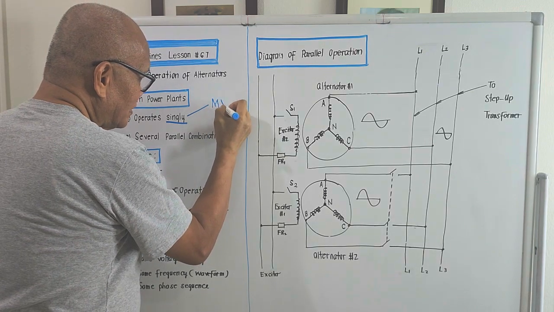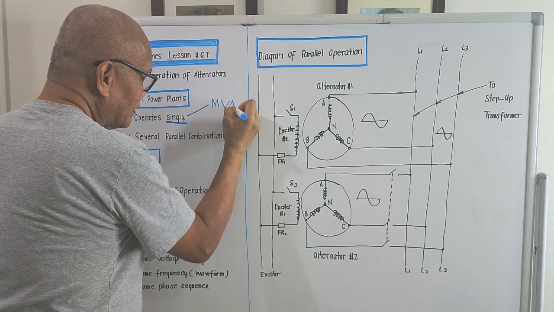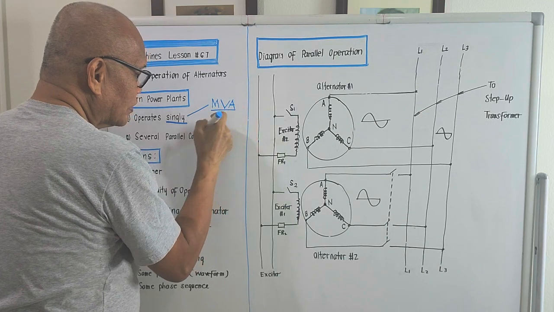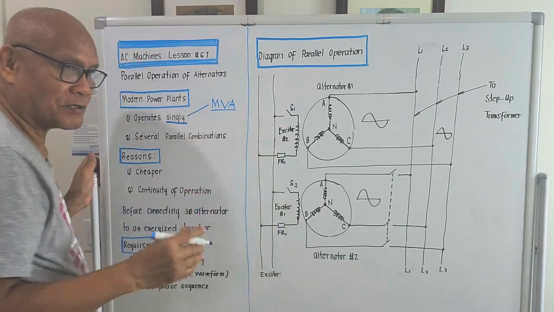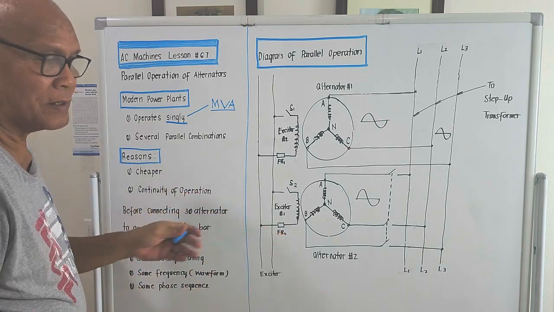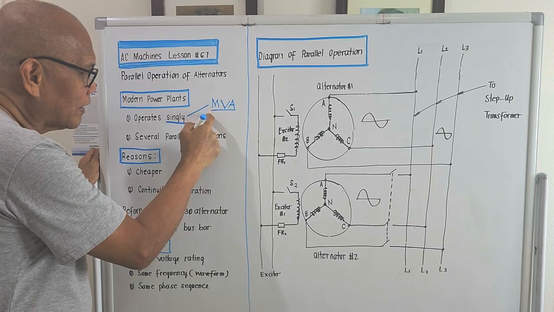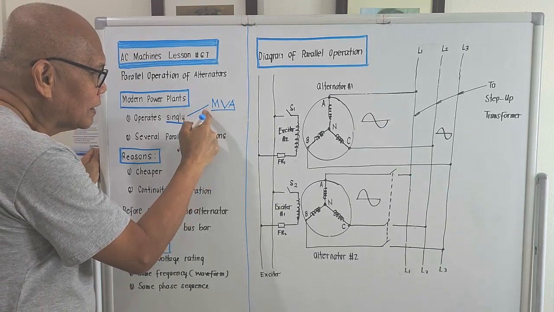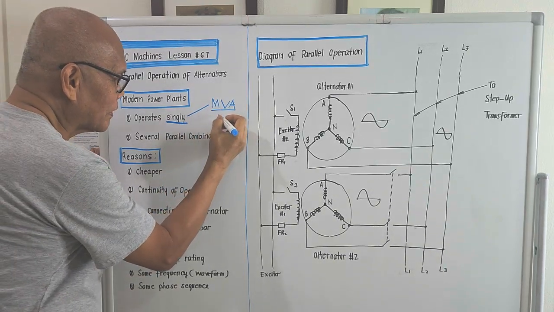It's not only kVA. kVA is a 1000 volt ampere, but capital letter M, then VA will be a million volt ampere. So this is a very big one.